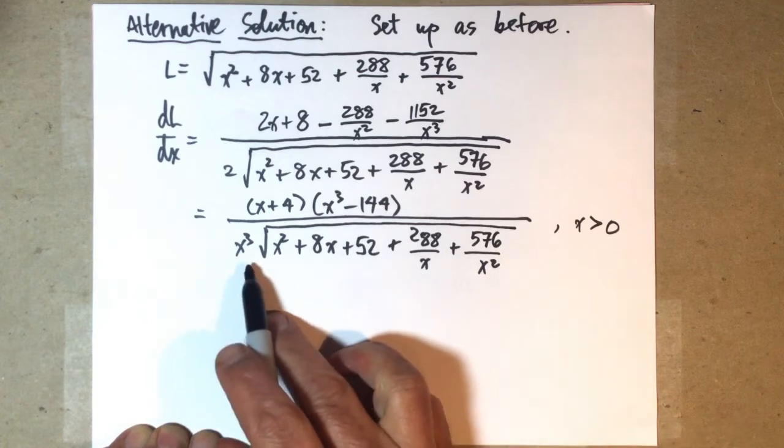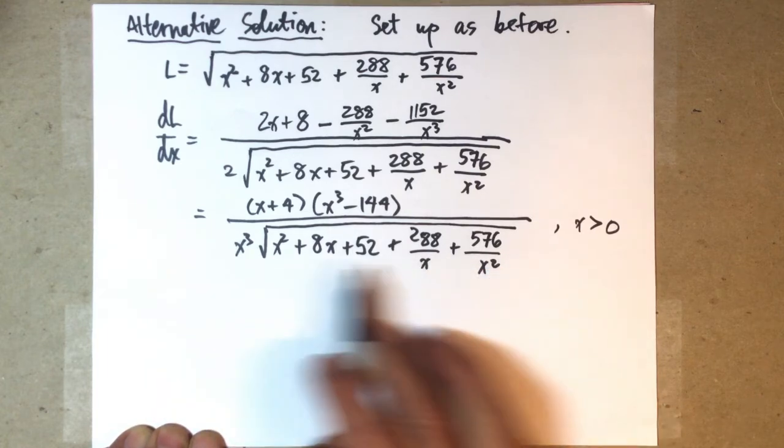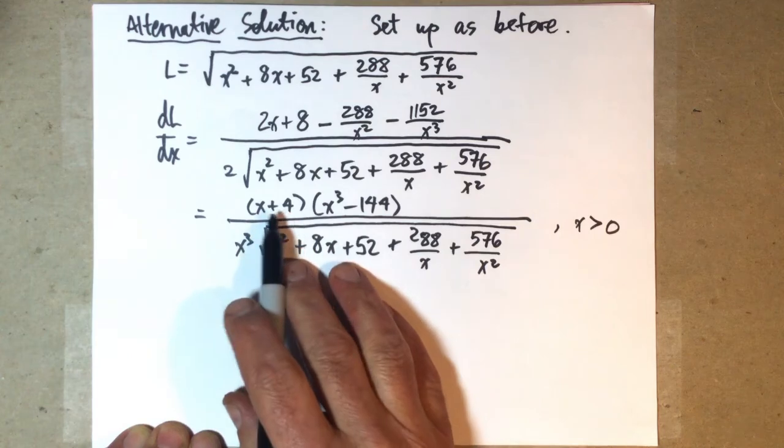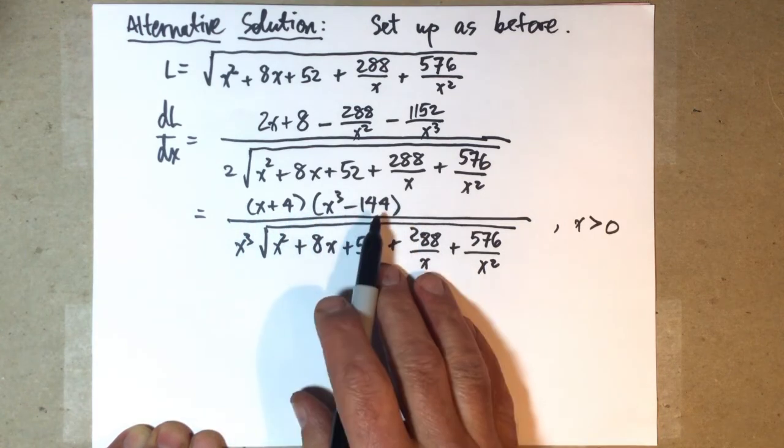So it appears that the denominator is positive, so it doesn't really affect anything when you're looking when the derivative is positive, negative, or 0.